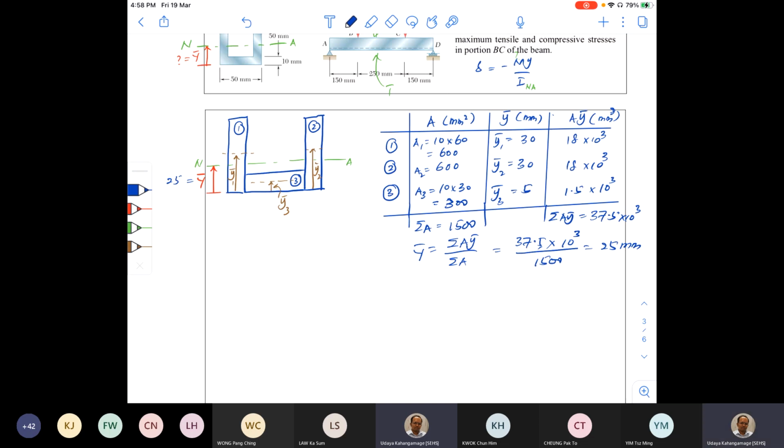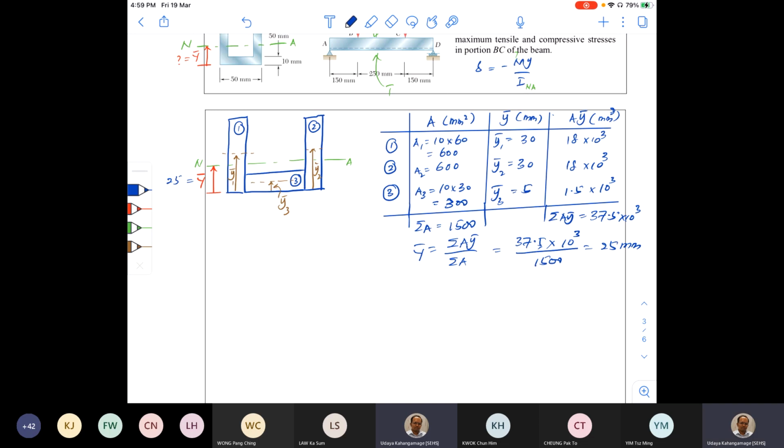But again, what we normally can write is I about its own centroid. So we need the parallel axis theorem here to write down the I about the neutral axis.